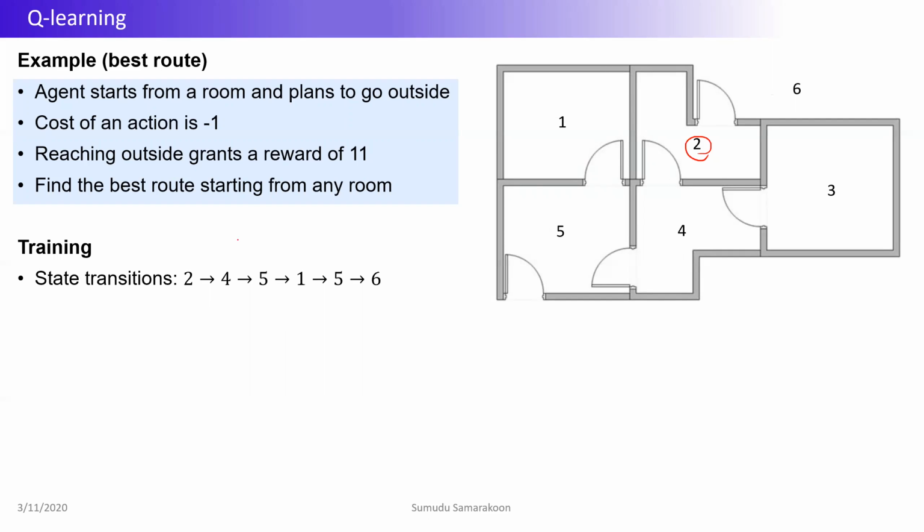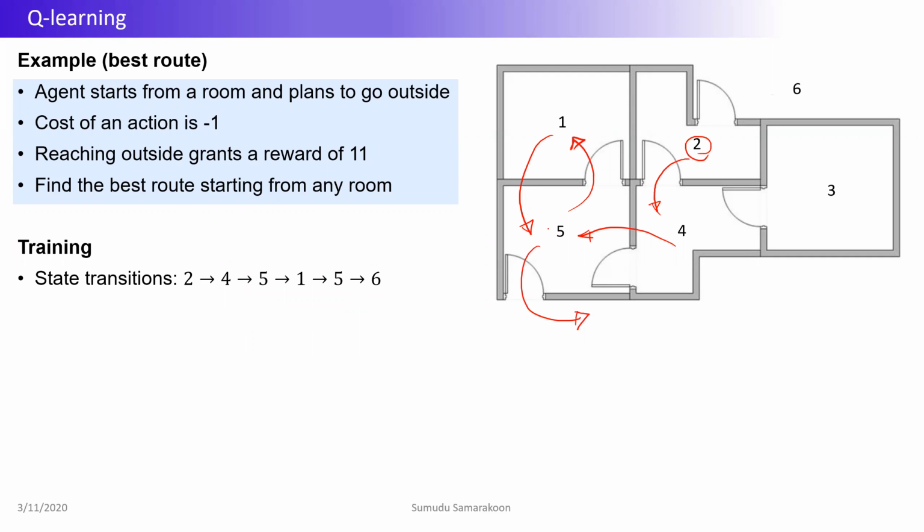The first draw, I decide to move to room 4, then move to room 5, then move to room 1, again from 1 to room 5, then 5 to outside.